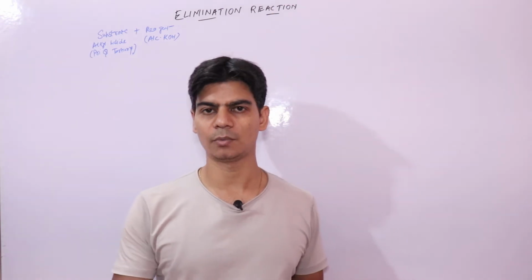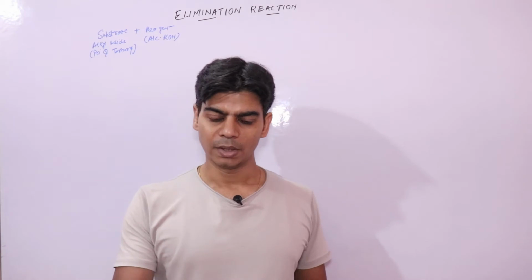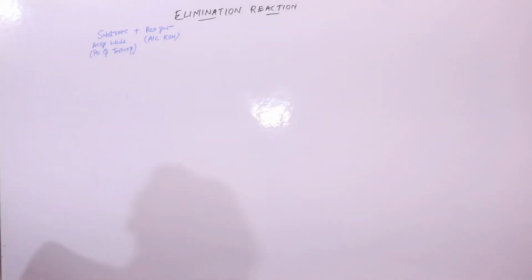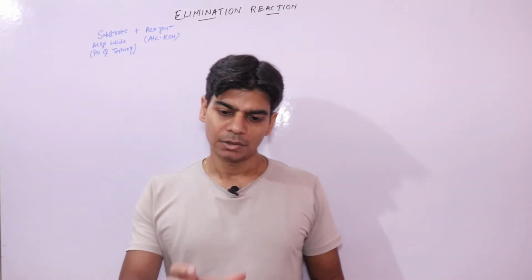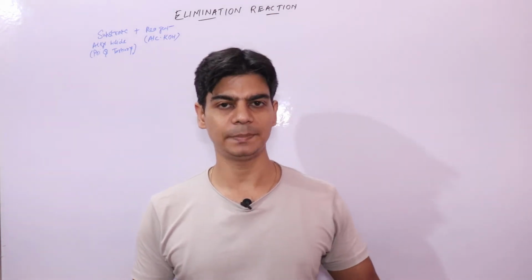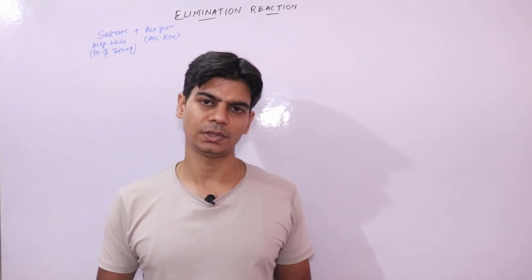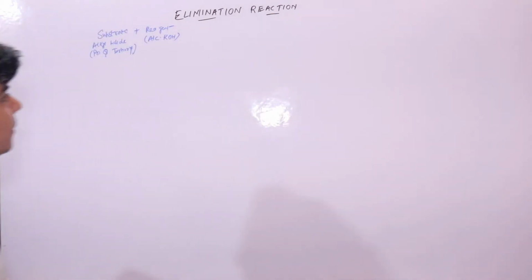That is, a saturated molecule will get converted into an unsaturated molecule. When you look at hybridization, your sp3 hybridized carbon will rehybridize to form sp2 hybridized carbon, because we know that alkenes, which are unsaturated compounds, contain sp2 hybridized carbon atoms.